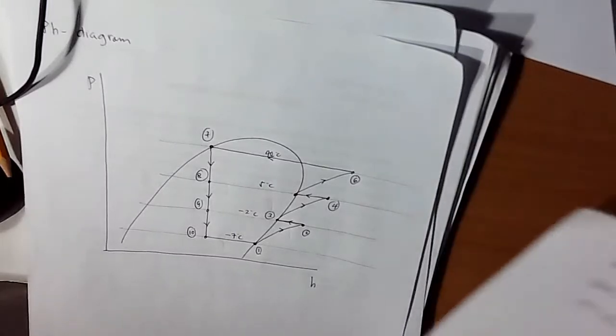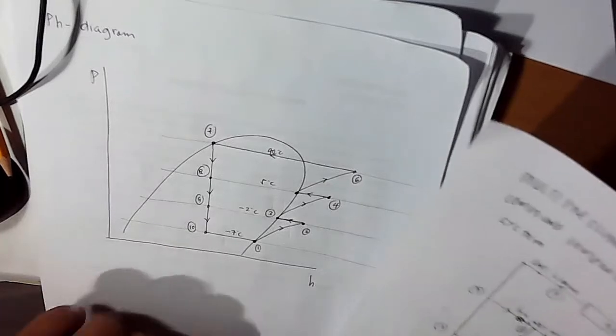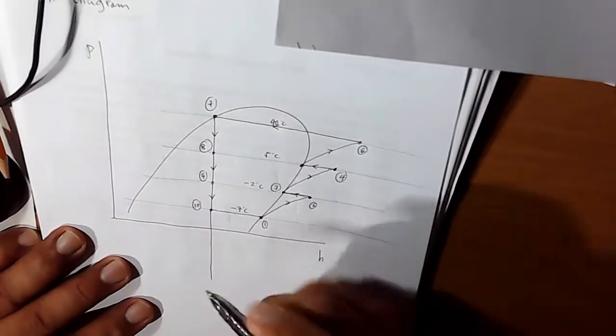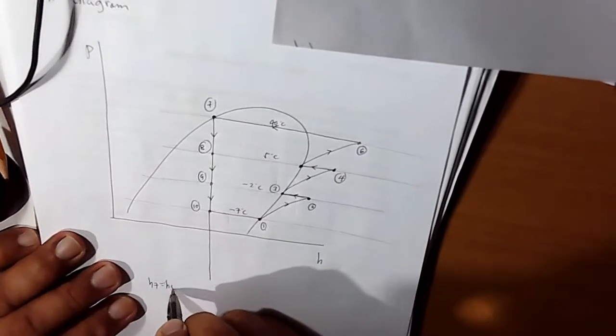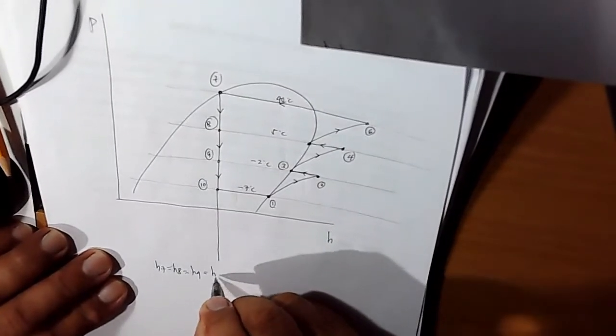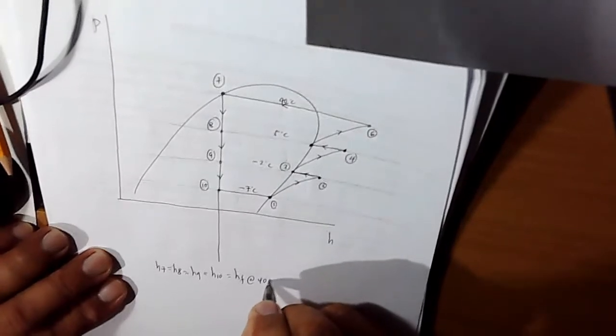Okay, so you have 10 points, then you have your 10 points here. Okay, then of course, all of these, H7, H8, H9, H10, are equal to HF at 40 degrees Celsius.